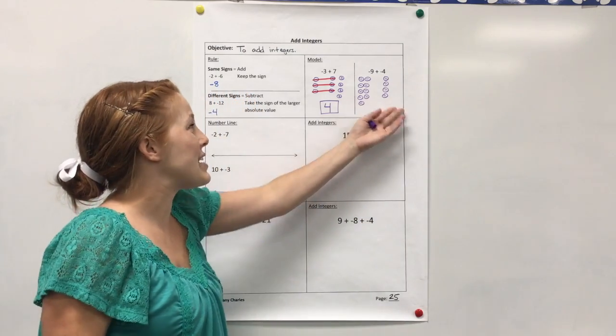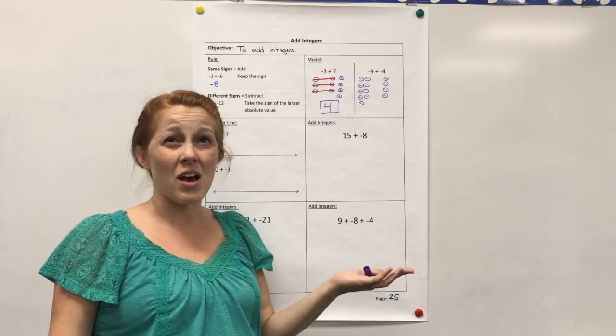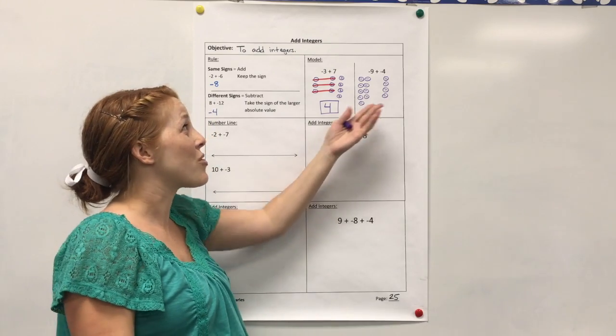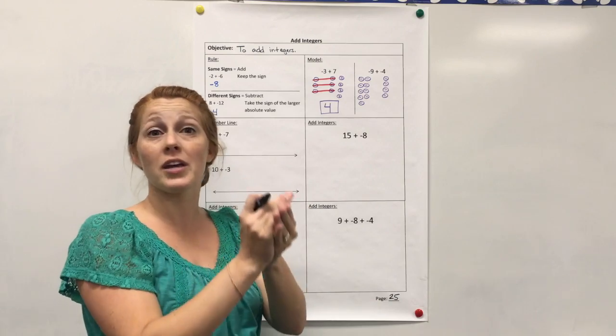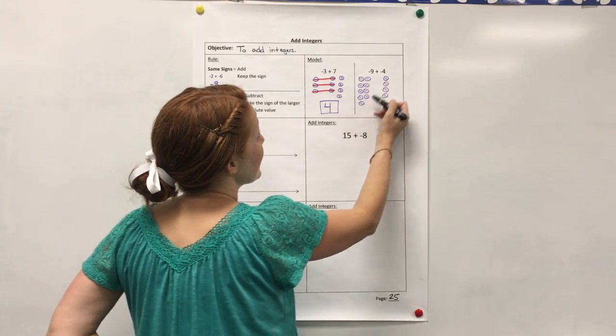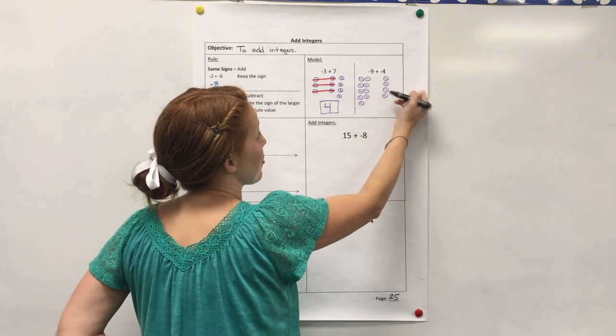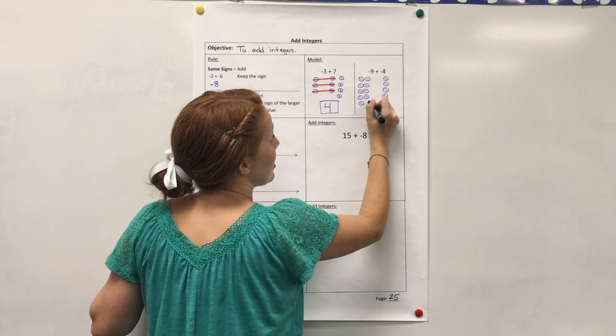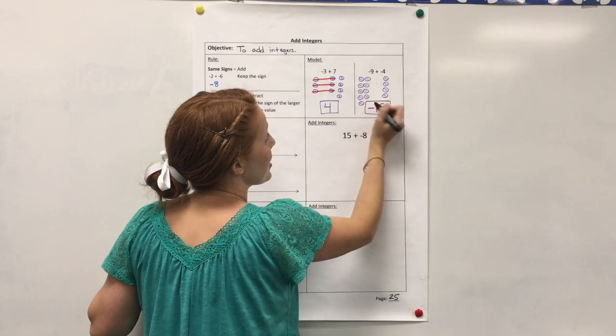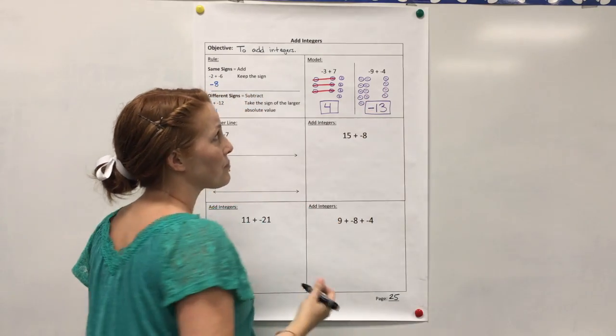Well, now I can see here I don't have anything to cancel out because there are no positives. So that's why when they're the same sign, I add them, because I just put them all together. So I have 9, 10, 11, 12, 13. So my answer would be negative 13. I keep the sign because they're all negative, so it's still going to be negative.